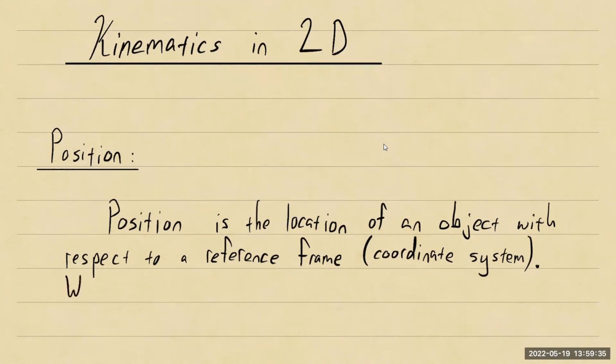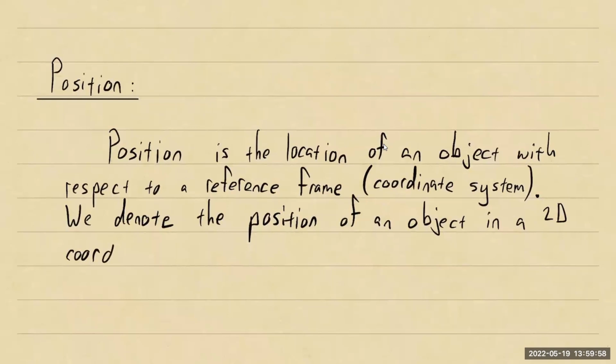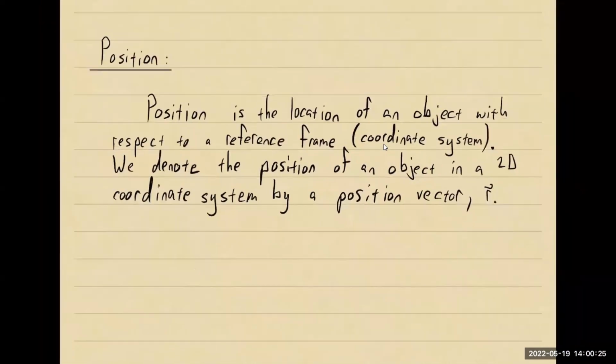So we denote the position of an object in a 2D coordinate system by a position vector, which we denote by r. So now I'm going to draw a picture to sort of show what I'm talking about.